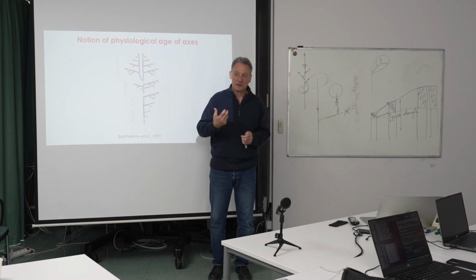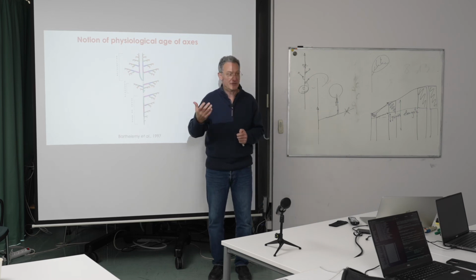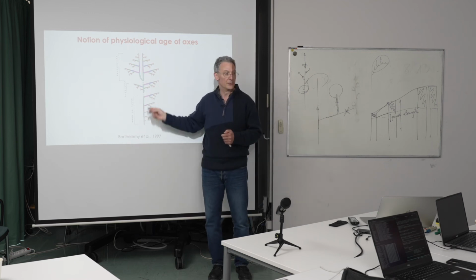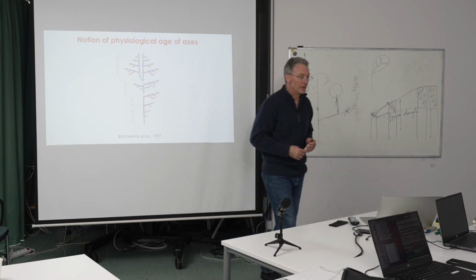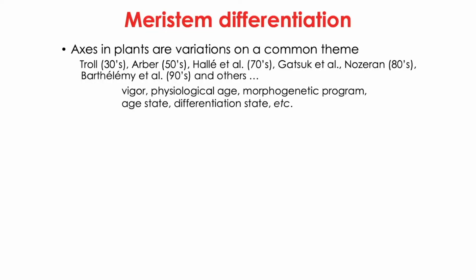But it's very convenient to look at the plant in this way in order to simplify how we describe the plant architecture, in order to produce the plant structure. So we will use this quite heavily in the design of plant models.